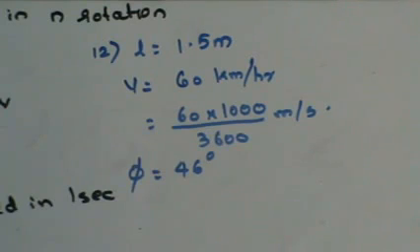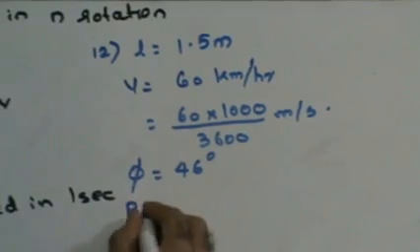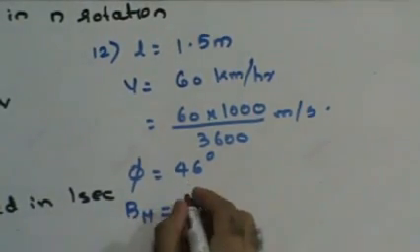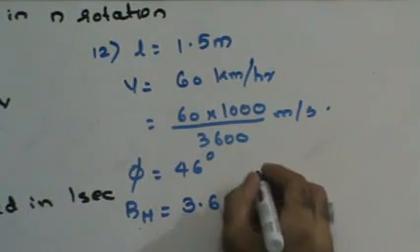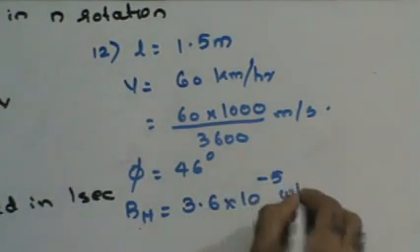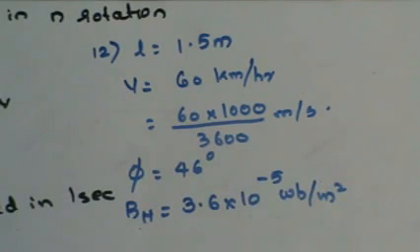The horizontal component of the Earth's magnetic induction is 3.6 into 10 raised to minus 5 Webers per meter square.